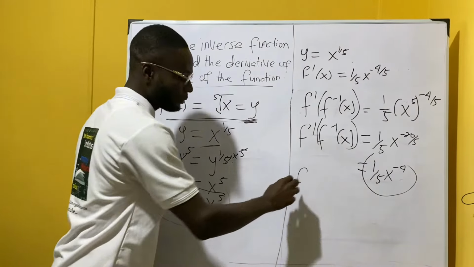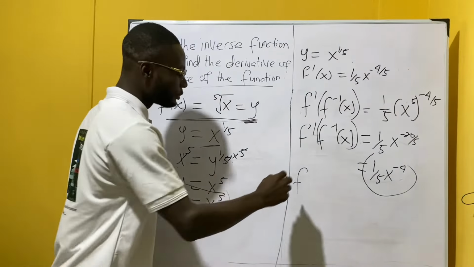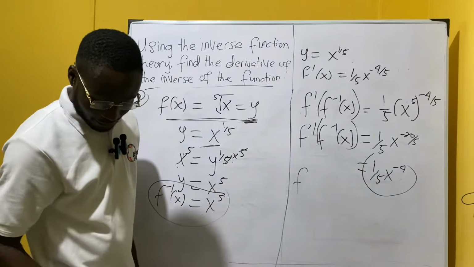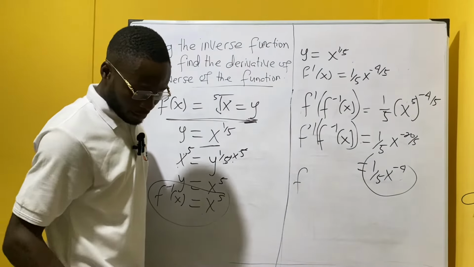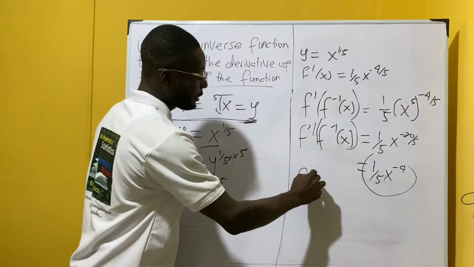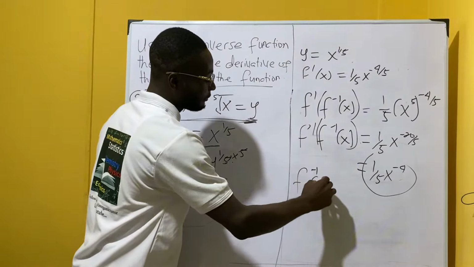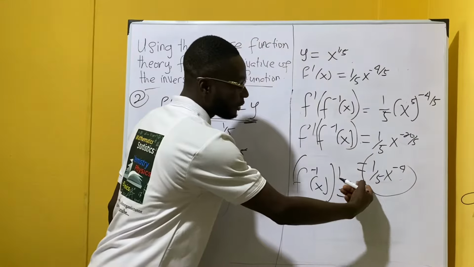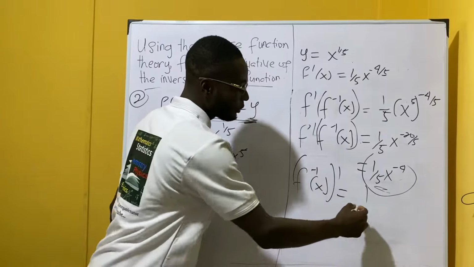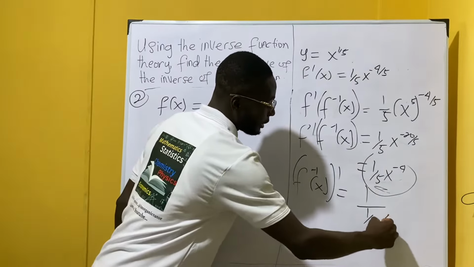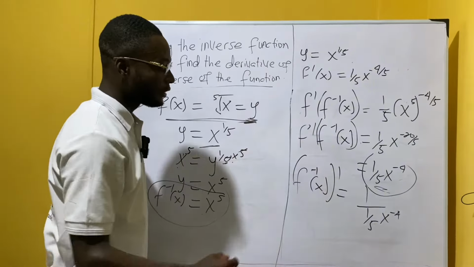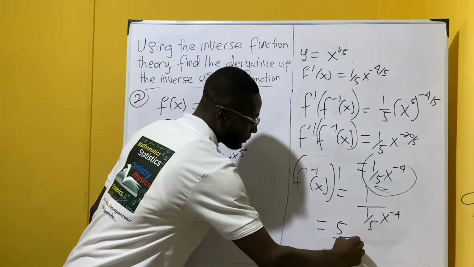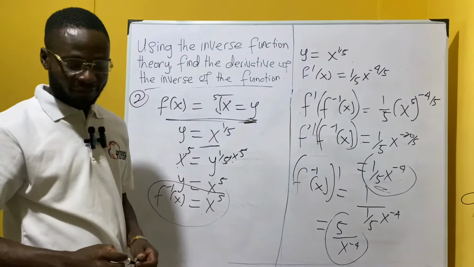So now we can say that the theorem concludes to be f of x inverse or derivative. That is the theorem. So now we take 1 over this denominator, which is 1 over this x to the power minus 4, right? So this now becomes 5 over x to the power minus 4 as our final answer.